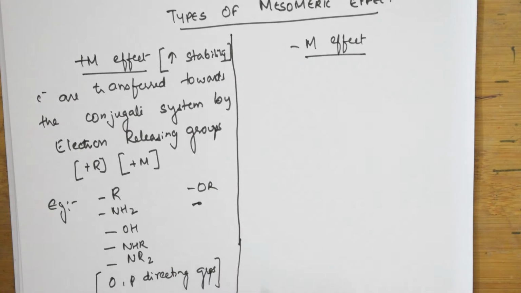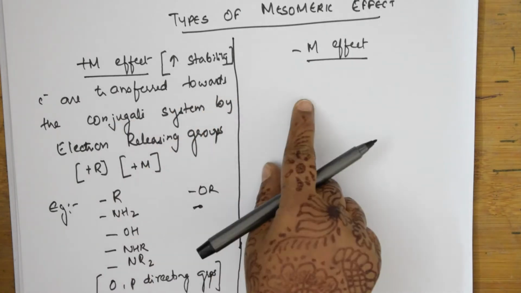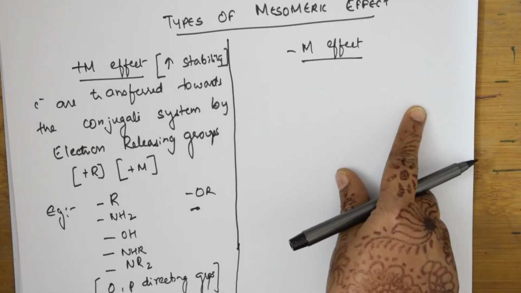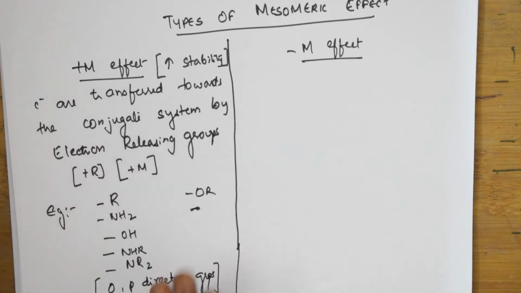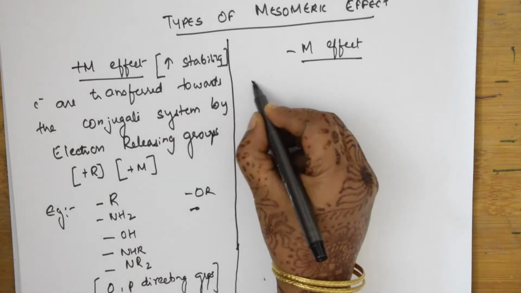Remember that. Now when I come back to minus M effect, here it is different. Electrons are attracted from the conjugate systems to the electron withdrawing group. Here what do we say? Electrons are transferred towards the conjugate system. I said towards. Now this is away from the conjugate systems. Let us write that.